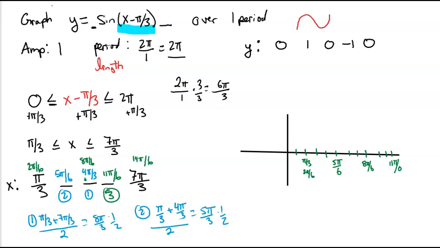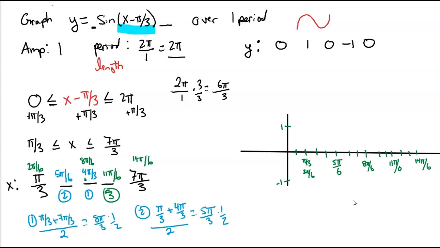I just realized my graph is going to be too small, so let's make it bigger. There we go. So 11, and then 12, 13, and then 14 pi over 6. All right, I'm going to go as high as 1, so let's make 1 up here, make -1 down there.